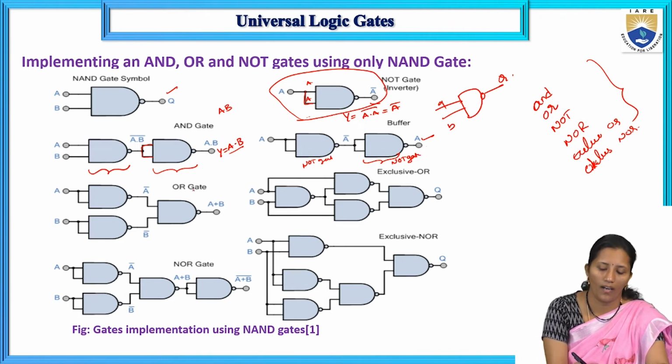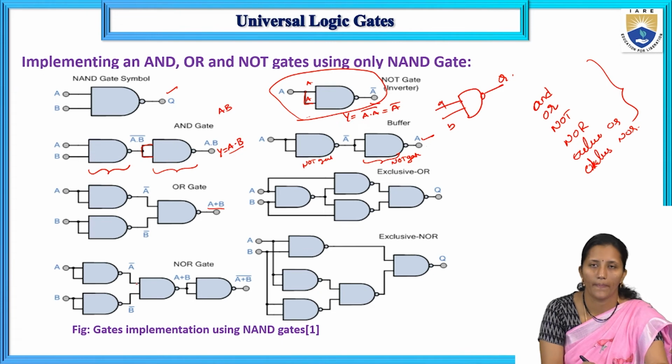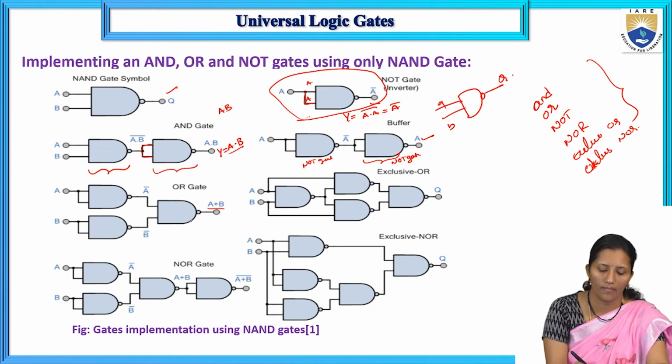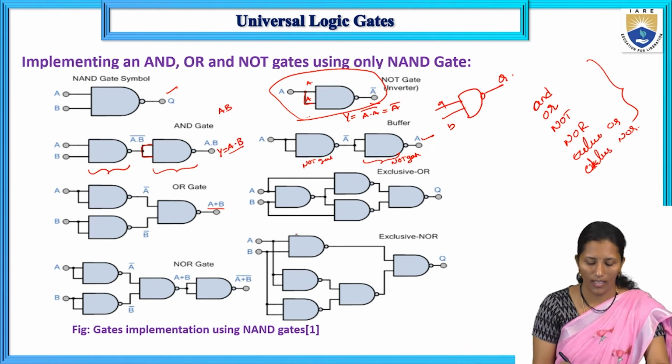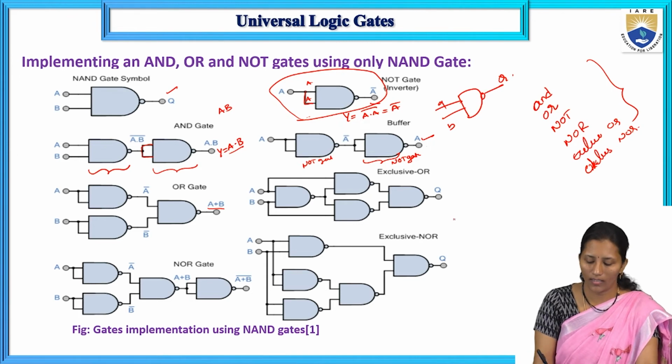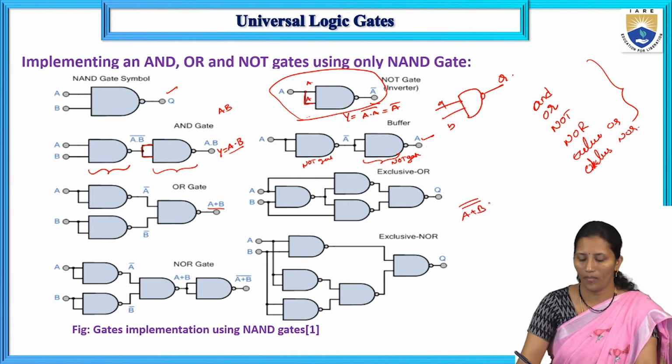And the OR gate is A plus B. We have to realize that using NAND gates. A plus B, whole bar, apply De Morgan's law: A bar into B bar, whole bar. So A bar we realize using a NAND gate, and B bar also using a NAND gate, and both are combined as A bar dot B bar, whole bar, using a NAND gate.